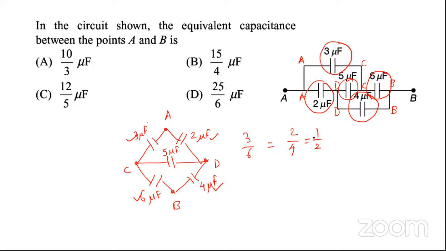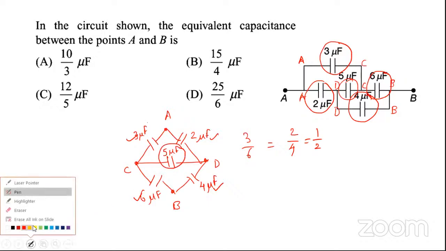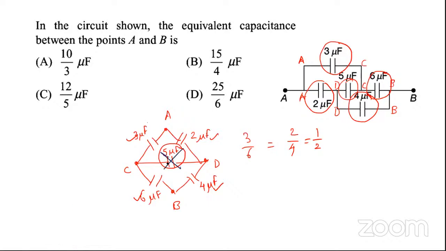This is the condition for the Wheatstone bridge. And when the condition of the Wheatstone bridge is satisfied, we can remove the central device. Over here it is a capacitor.